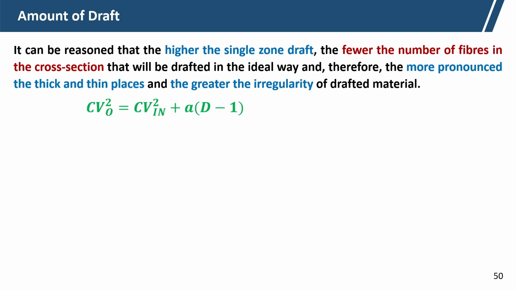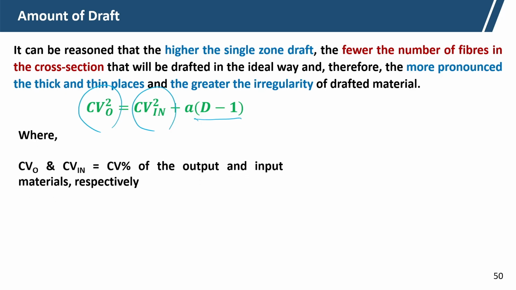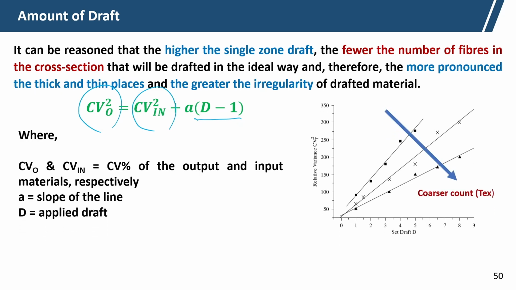CV output square is equal to CV input square plus A into (D minus 1), where CV input and output are for the input and output material, A is the slope of the line and D is the applied draft.